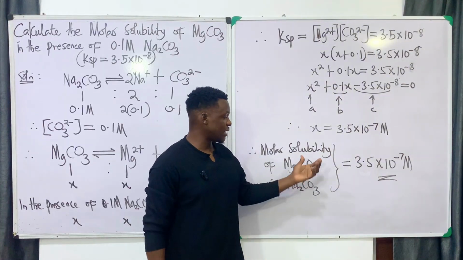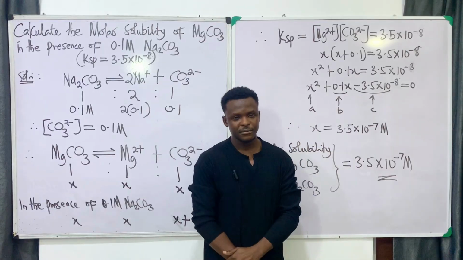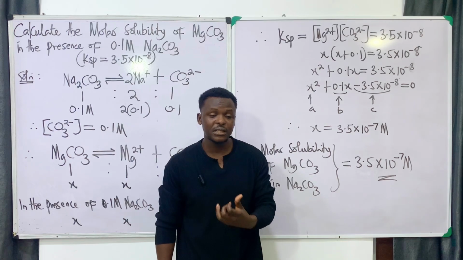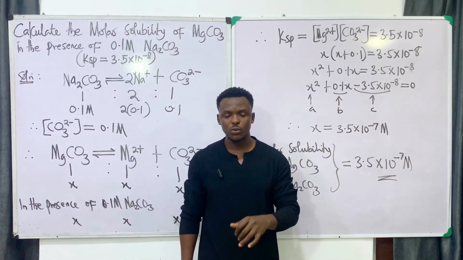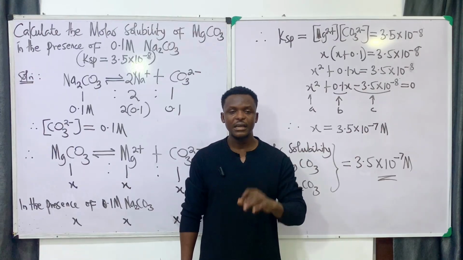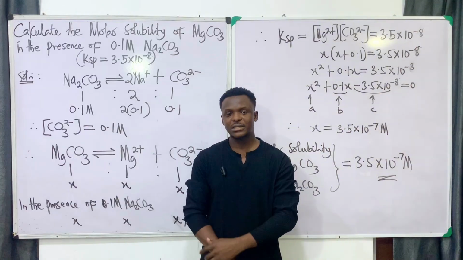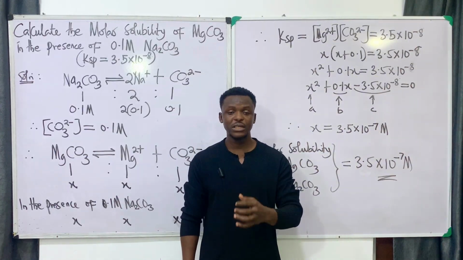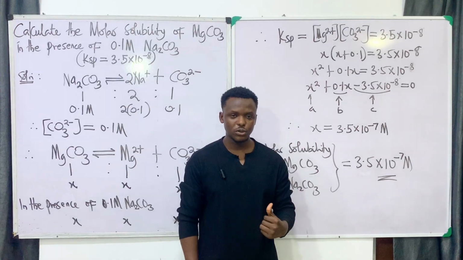If you solve for the molar solubility of this in water, the value here will be higher. So what does that tell us? It tells us that the molar solubility of a sparingly soluble salt will decrease in the presence of a salt that has a common ion with it.